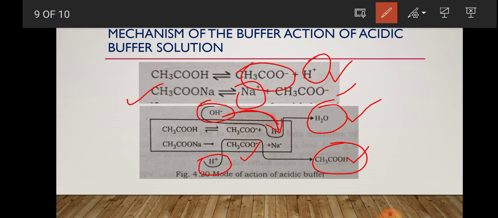So the value of pH of solution remains unchanged. So it is clear that in acidic buffer solution, if you add a small amount of acid or base from outside, the pH is not changed.